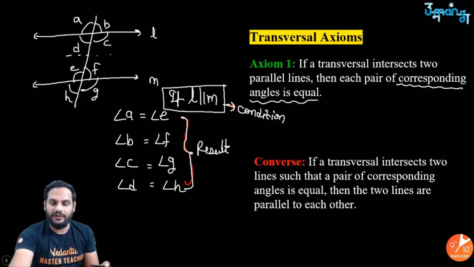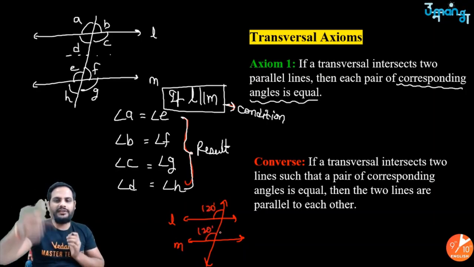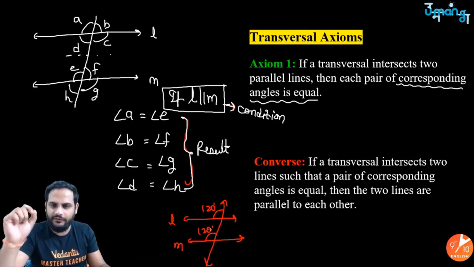Now the converse says, suppose I give you two lines, and I have not told you whether they are parallel or not, and I have given you that this angle is 120 degrees and this angle is 120 degrees. You can see these two angles are a pair of corresponding angles.